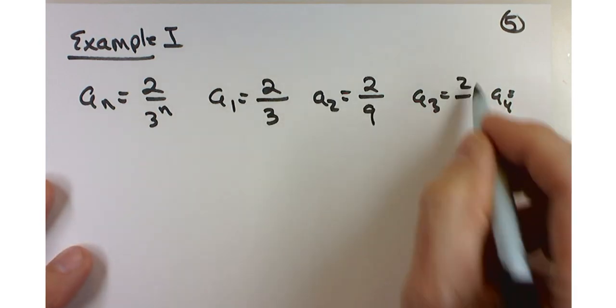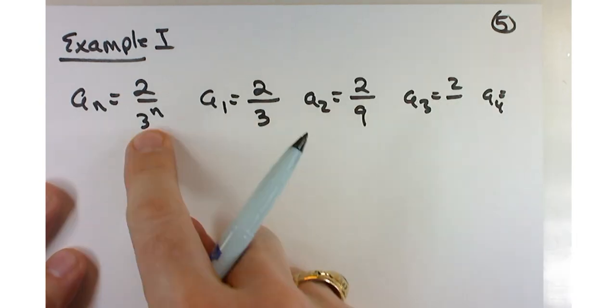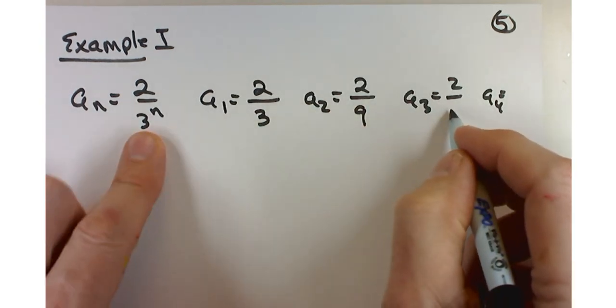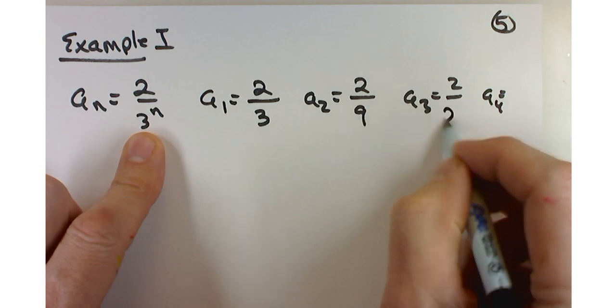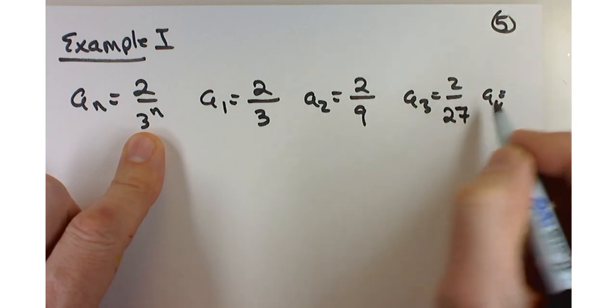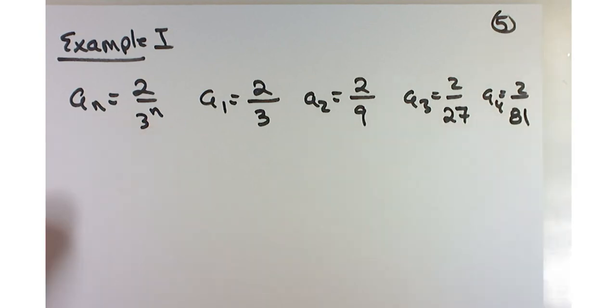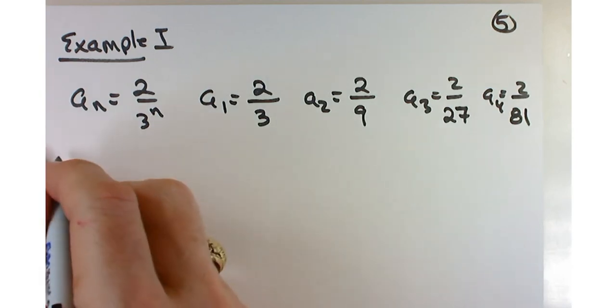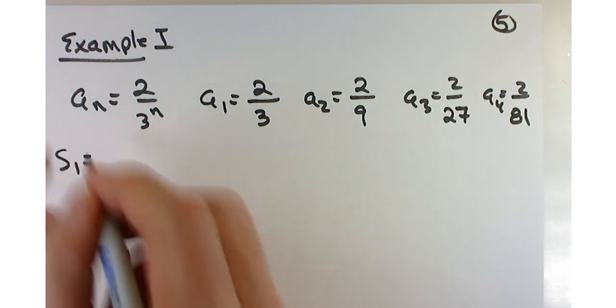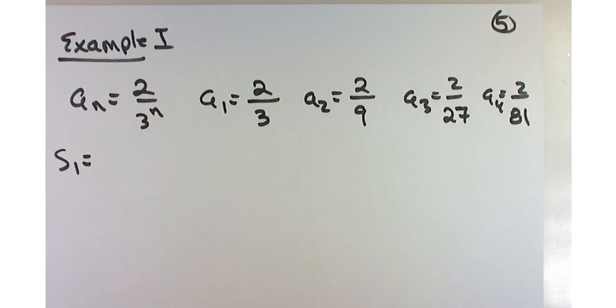And then 2 over 3 cubed, 27, and then 2 over 3 to the fourth, 2 over 81. So those are the first 4 terms of my sequence. But now I need to find the first 4 partial sums, and then the general term for the partial sum, which sounds really daunting.